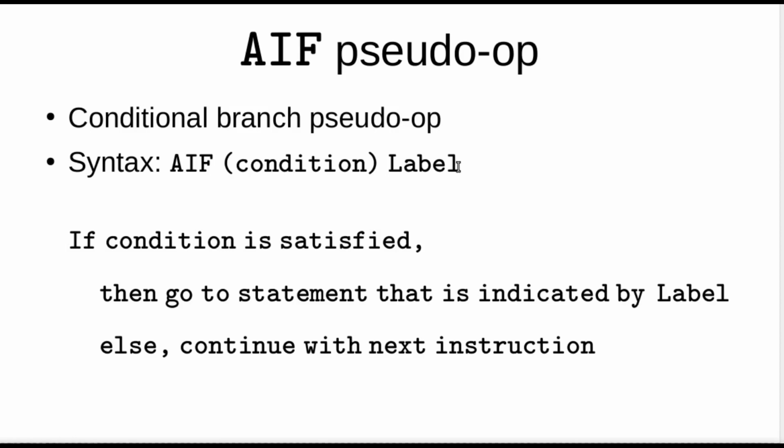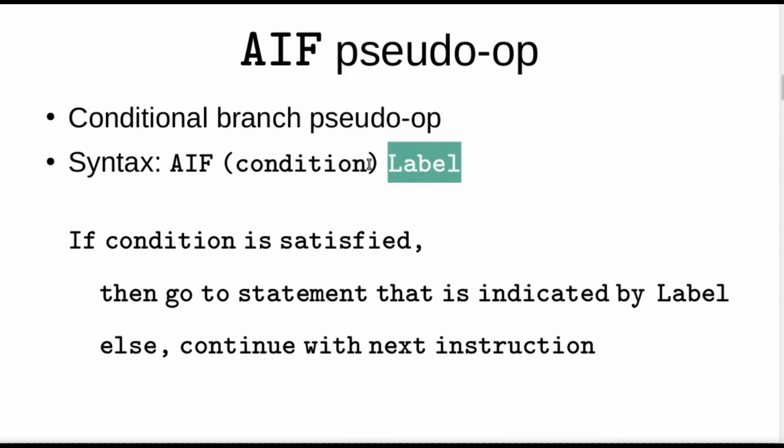Again, the syntax says AIF, which is the pseudo op itself, followed by the condition mentioned within brackets, followed by the label of an instruction, right? So how does this work? If this condition is satisfied, that is, if the condition is true, then the execution will move to the instruction indicated by this label.